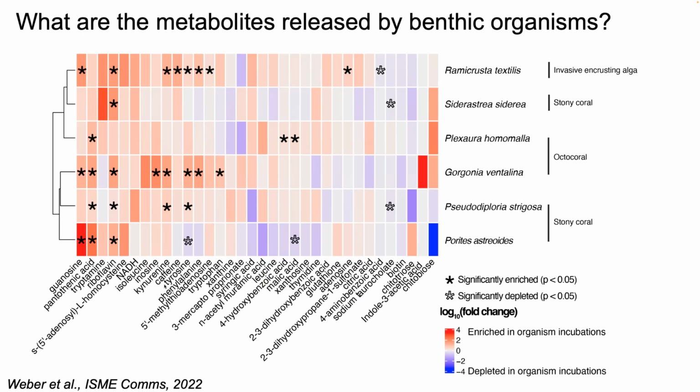We did find a variety of metabolites that were being produced by both the stony corals, the hard corals, as well as Ramicrusta. Pantothenic acid and riboflavin were 2 in particular that were produced by nearly all the reef organisms. These are B vitamins, which are important for enzymes and other processes.